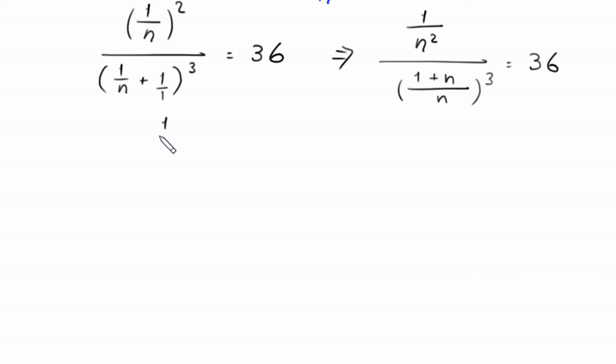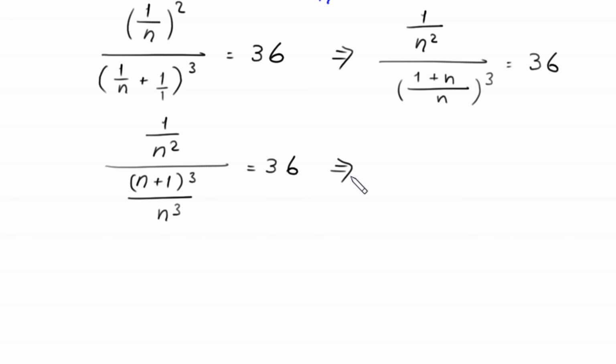Next, 1 over n² divided by (1 + n) over n, whole cubed, can be written as (n + 1)³ divided by n³ is equal to 36.